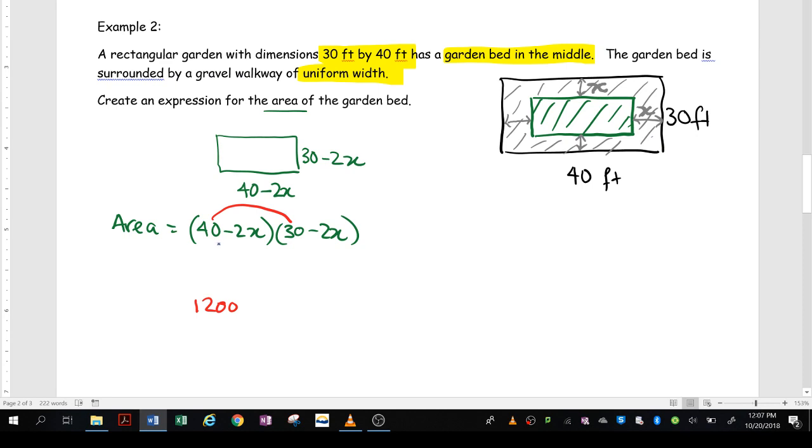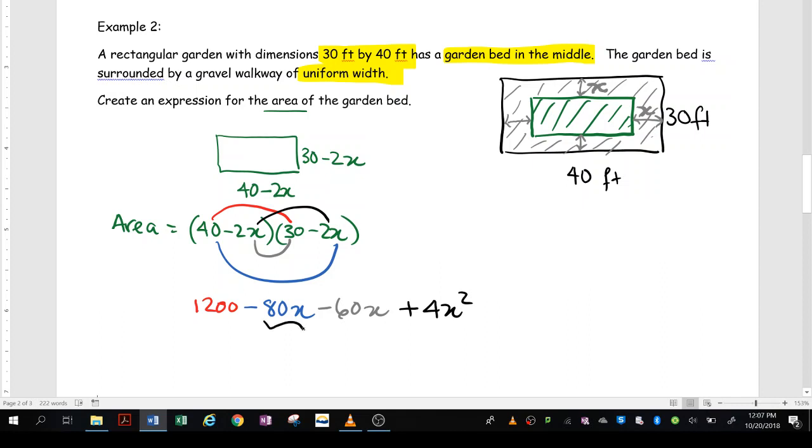So that's our first. Our outside, 40 times negative 2x is negative 80x. Our inside, negative 2x times 30 gives us negative 60x. And last, negative 2x times negative 2x gives us positive 4x squared.